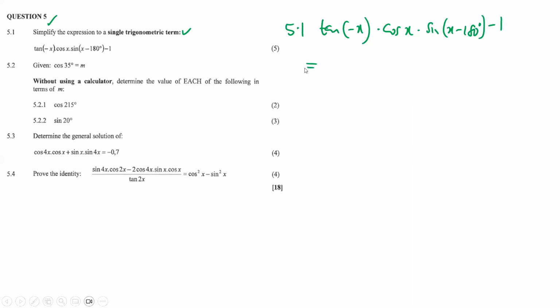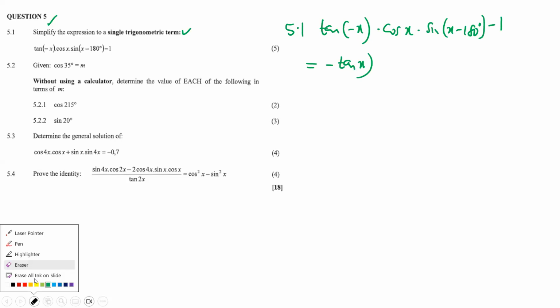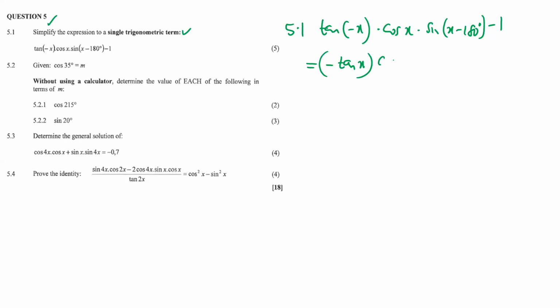Okay, the tangent of minus x: the negative angle x is in the fourth quadrant and the tan is negative. We discussed this. So this one is times cosine x.